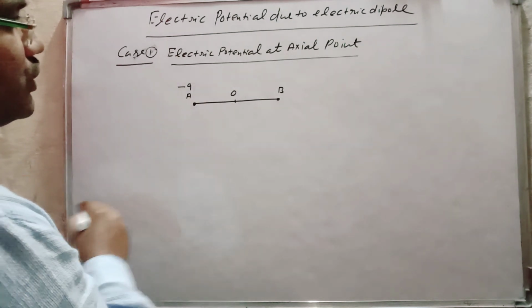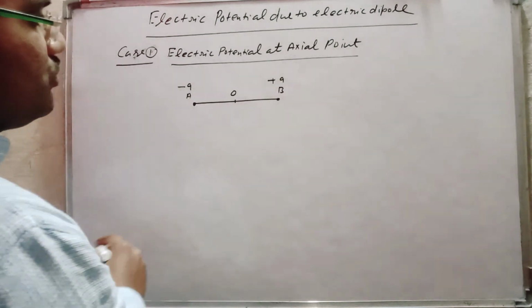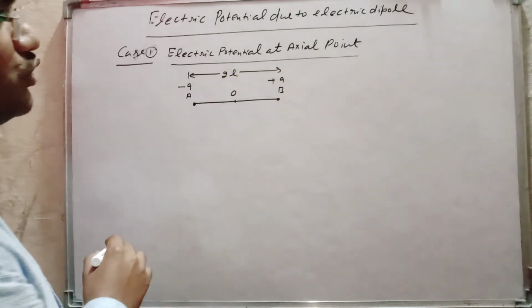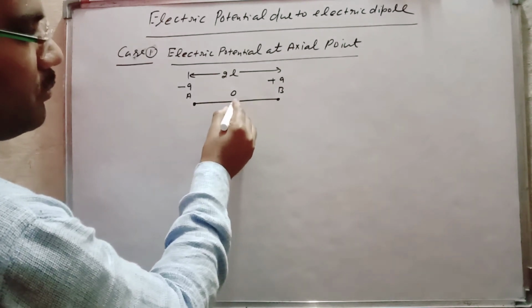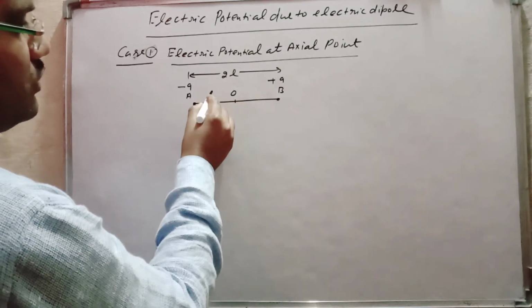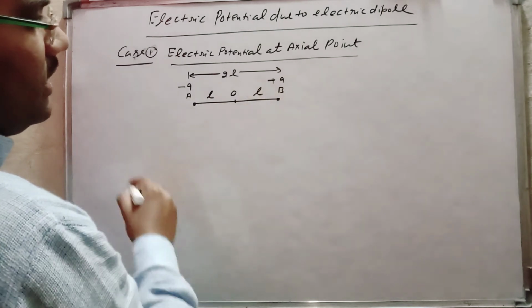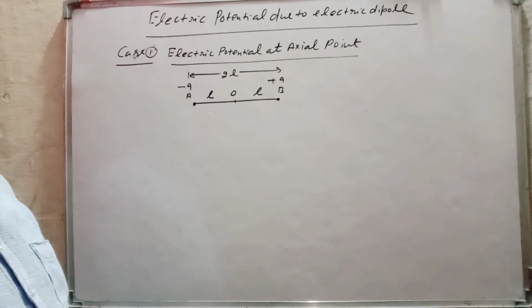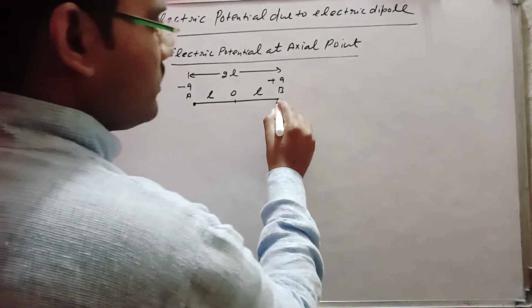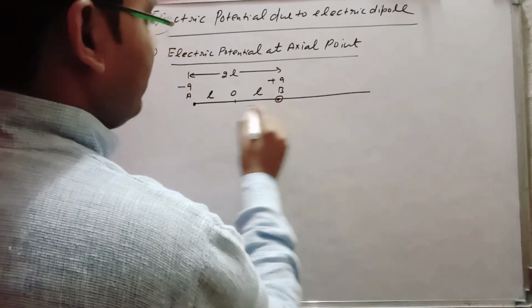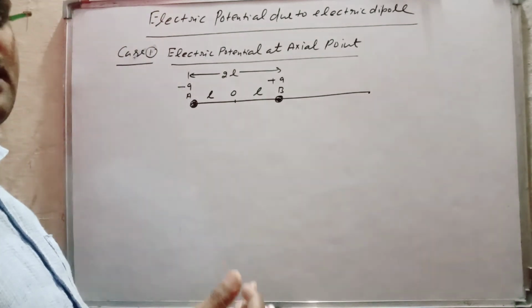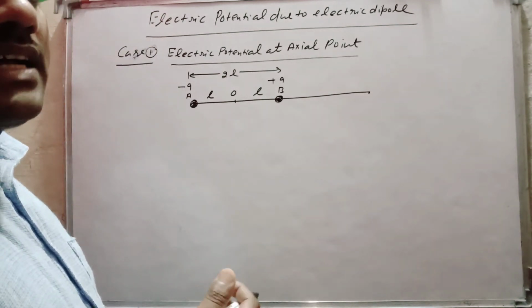Here is minus Q charge, here plus Q charge, and the total length of the dipole is 2L and O is the midpoint, hence this one is L and this one is L. A line joining the charges of a dipole is called the axial line. This one is the axial line. And any point that lies on the axial line is called an axial point.